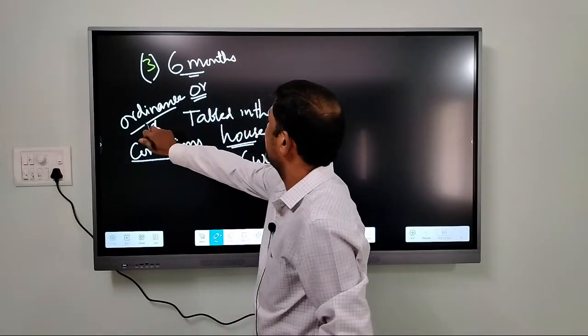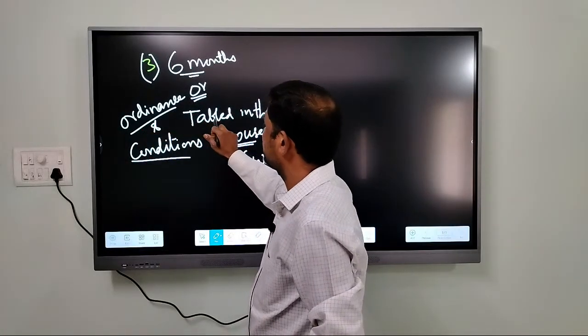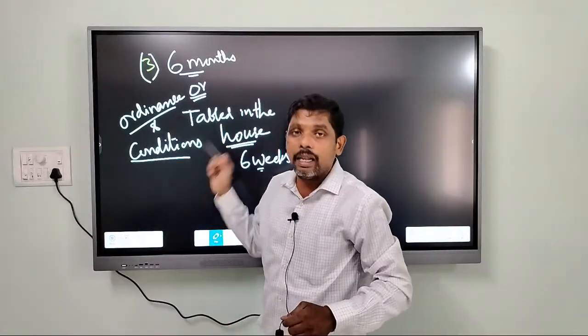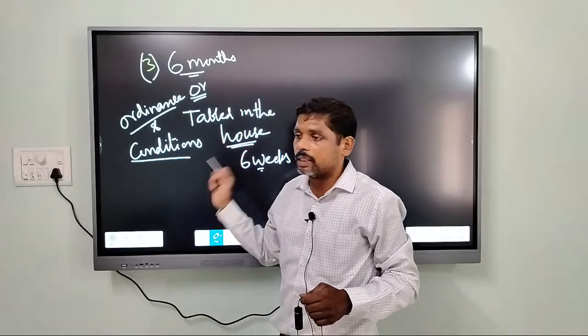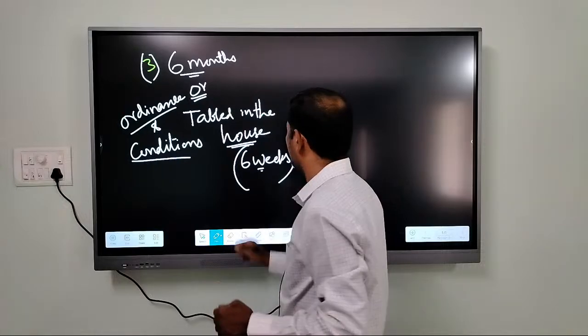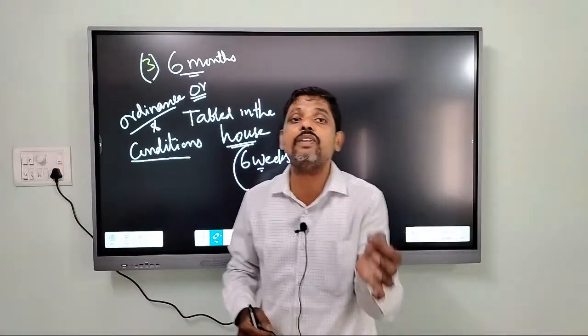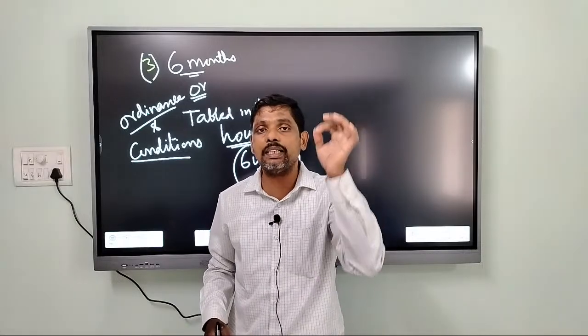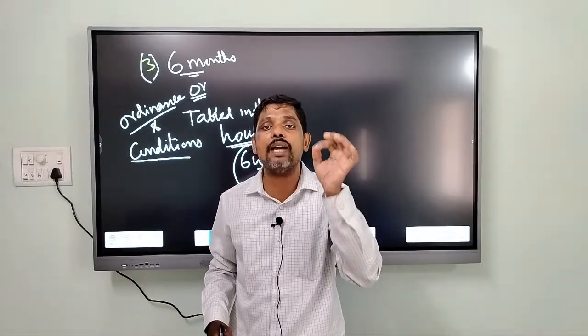Right, so the ordinance along with the conditions should be tabled in the house as soon as house comes into session, and this ordinance should be discussed and passed within a period of 6 weeks. Right, within a period of 6 weeks. That means after the expiry of 6 weeks, this ordinance will not have any effect.